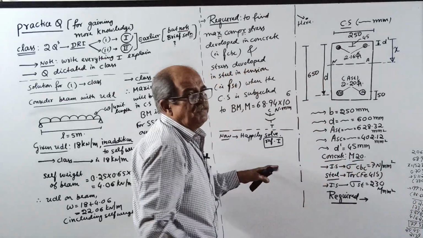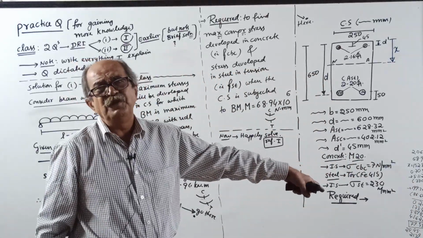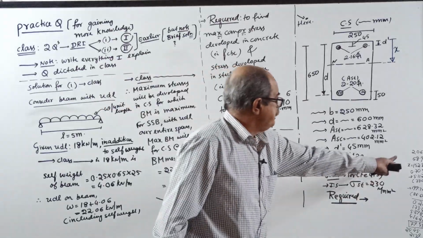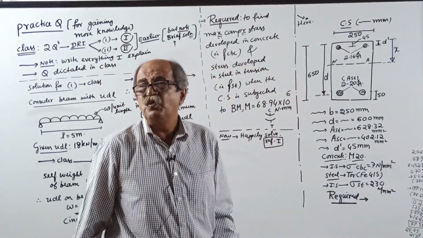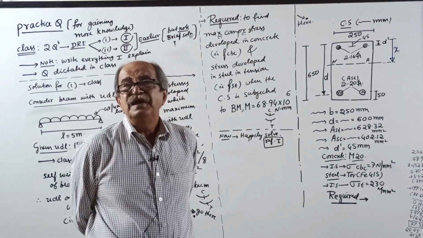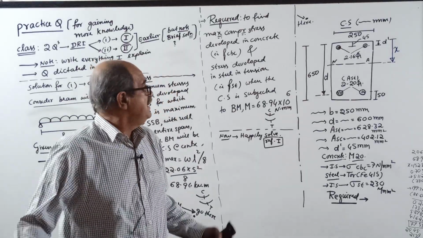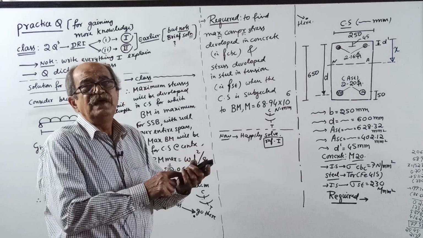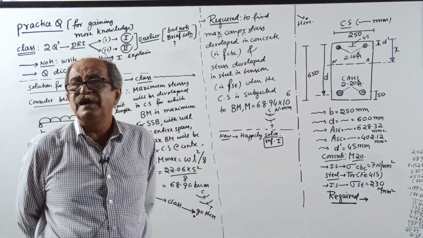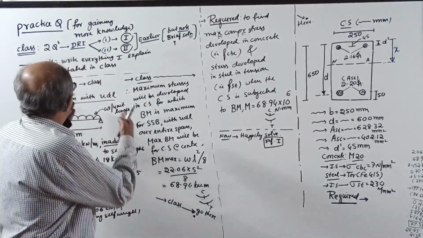It is visible for me. As I told, to save time I prepared all these, for three reasons. One, saving of time. Second, the chance of calculation mistakes; when I hold the calculator and calculate, sometimes doubt will come. And the third reason, this is actually a practice question for you.